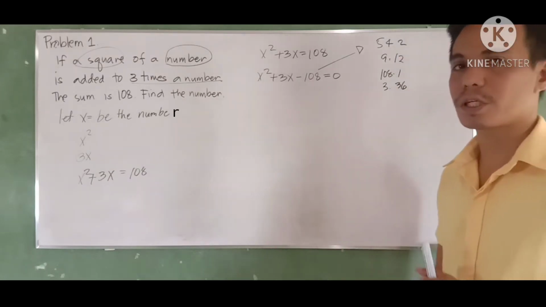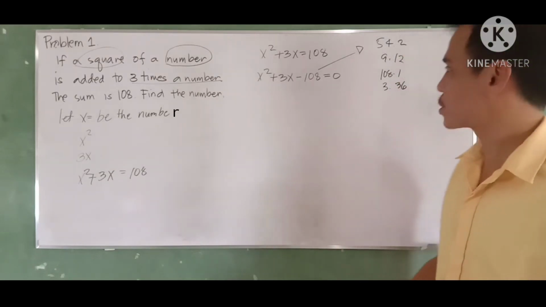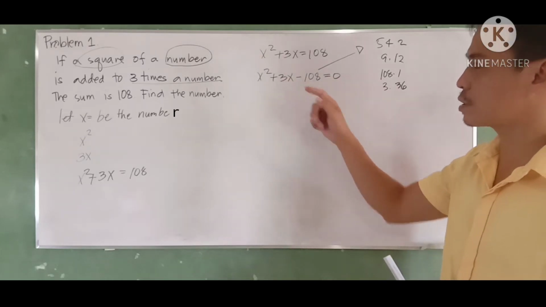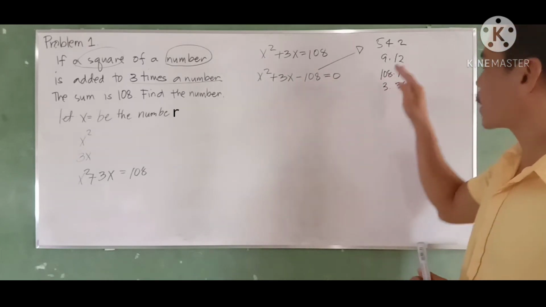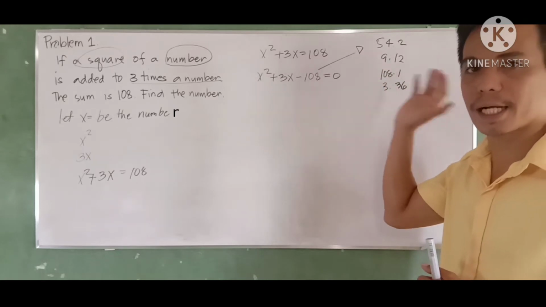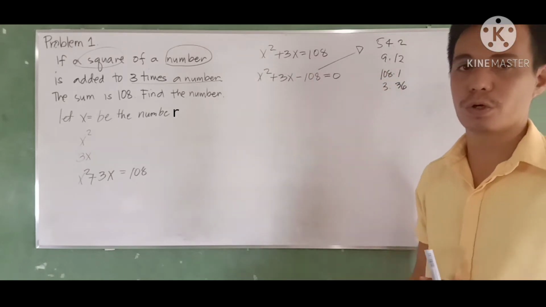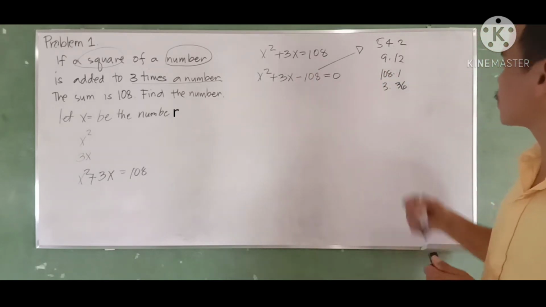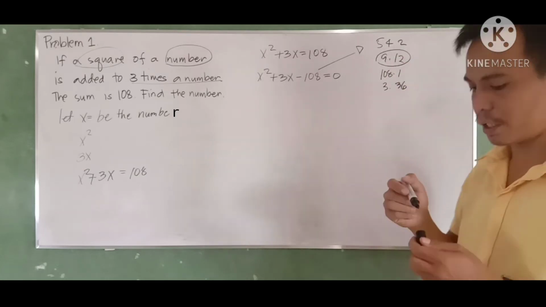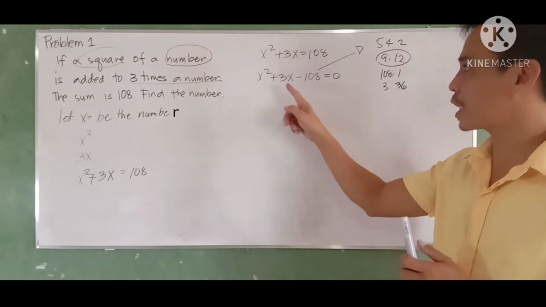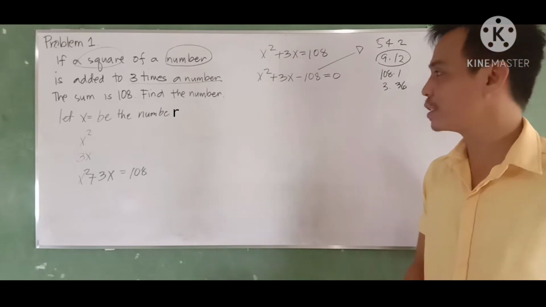Okay. So how to determine the factors? So tignan natin yung 3x dyan sa linear part. So babalik tayo doon is pag nagsusubtract or pag nag-a-add tayo, lalabas yung linear part. So in that case, gagamitin natin dyan is 9 and 12. Pag nag-subtract tayo, lalabas is 3, right? So there you have it.